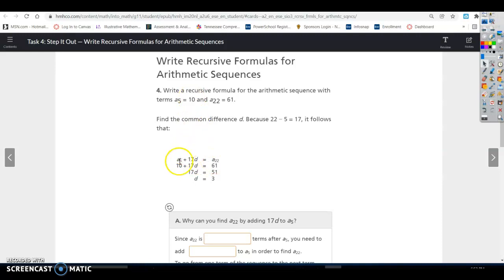We know our 5th term is 10, and we know that our 22nd term is 61. That leaves us with only one variable, d. So this way we can find our common difference. So subtract 10 from both sides to get 51, and then 51 divided by 17 equals 3. So we quickly found our common difference using 2 terms that were given.